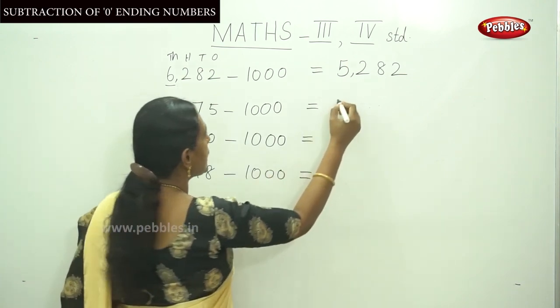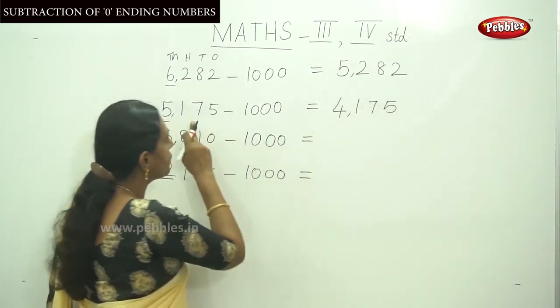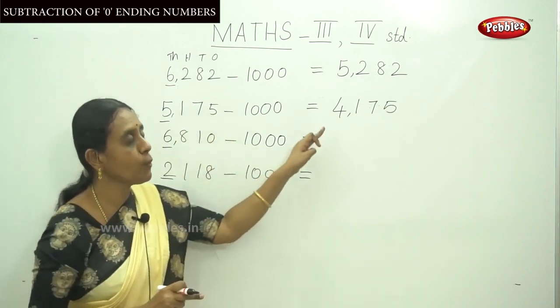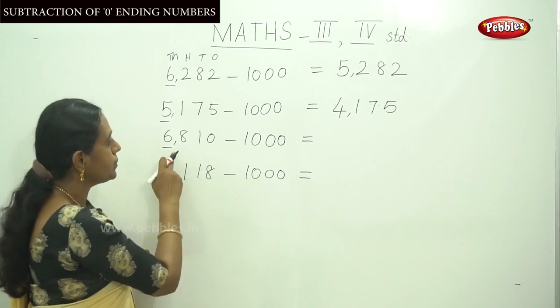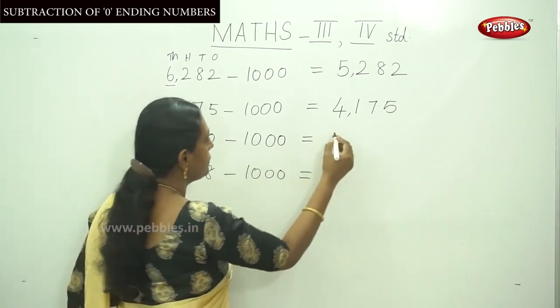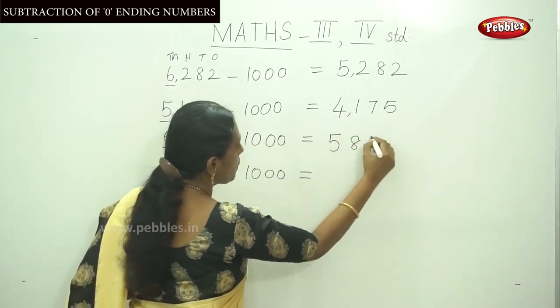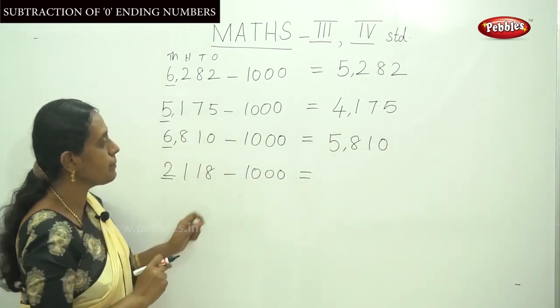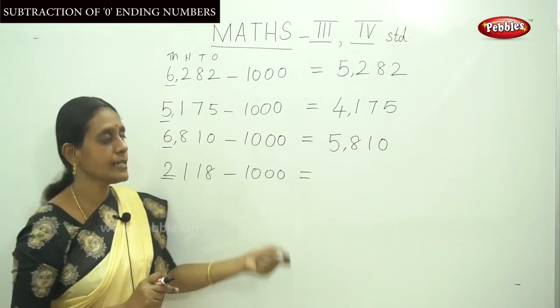Now 5, what comes before 5? That is 4. So write down 4175. So 5175 minus 1000, the answer will be 4175. Okay, and let me do this sum: 6, the before number is 5, so 5810. So 6810 minus 1000, the answer will be 5810.